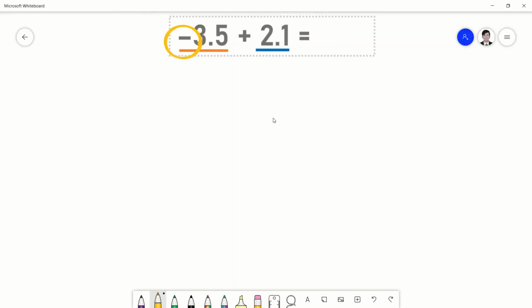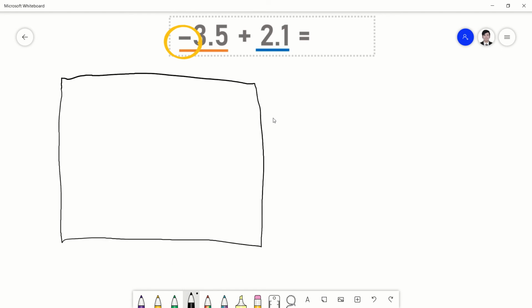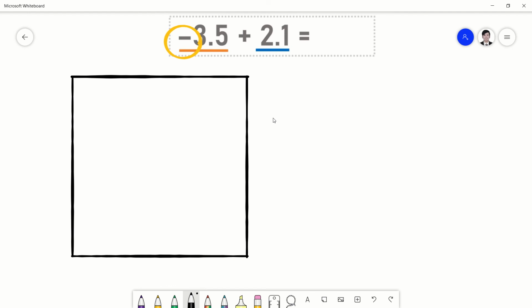Going back to our example a while ago, the first one is negative, the other one is positive. So what do we do first? In a sketch paper, we get the absolute value of negative 3.5, and that would be 3.5, and the absolute value of 2.1 is also 2.1.